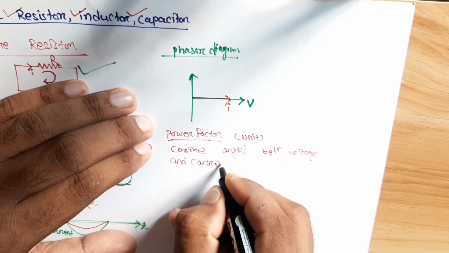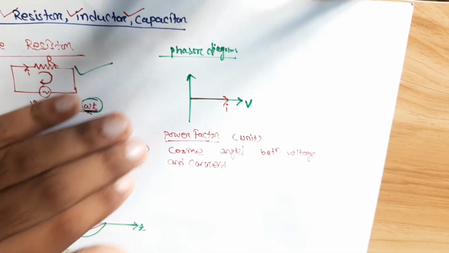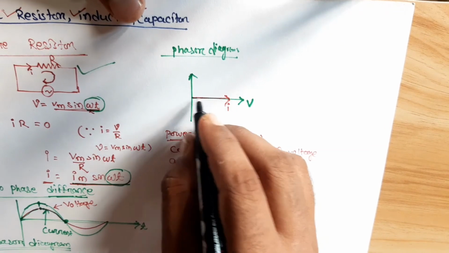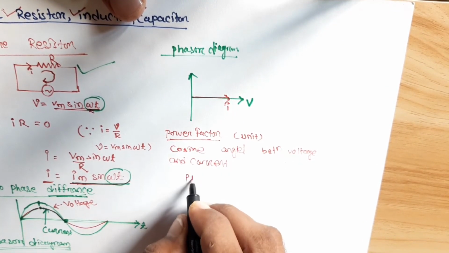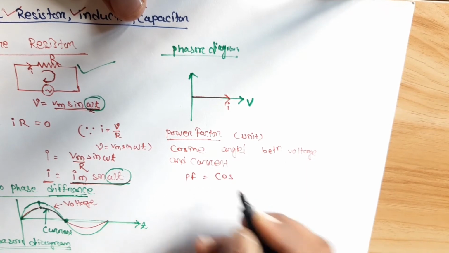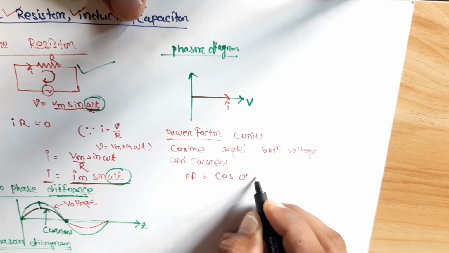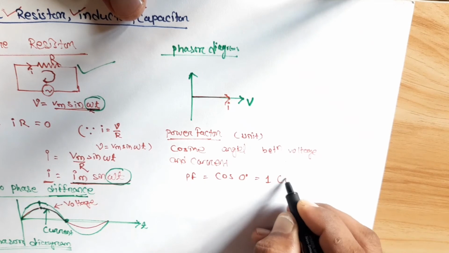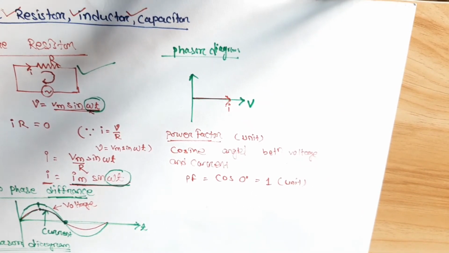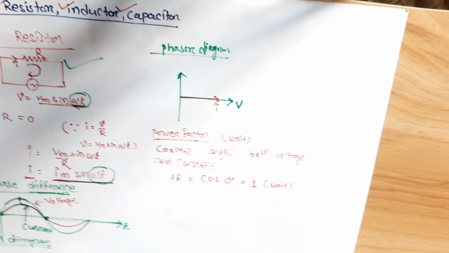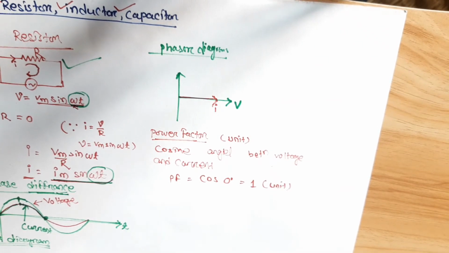The angle between them is zero, so PF equals cos 0 degree, which is equal to 1. 1 is unity power factor. There is no phase difference between voltage and current in a pure resistive circuit.